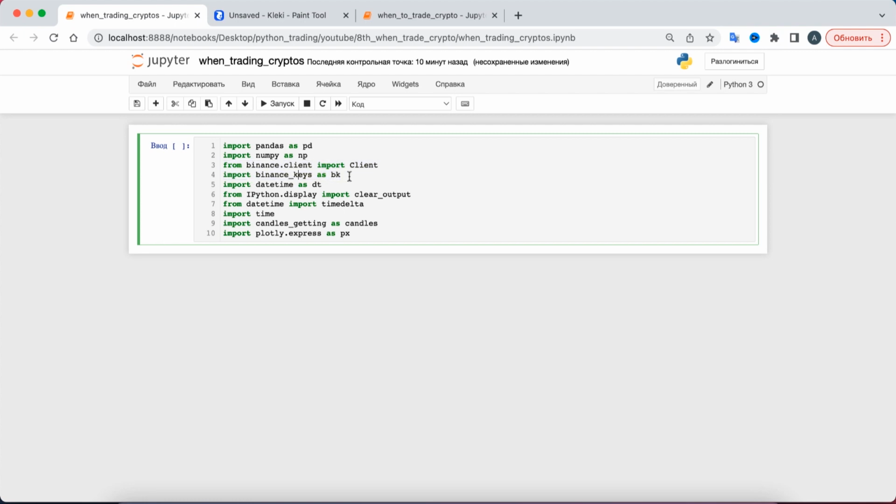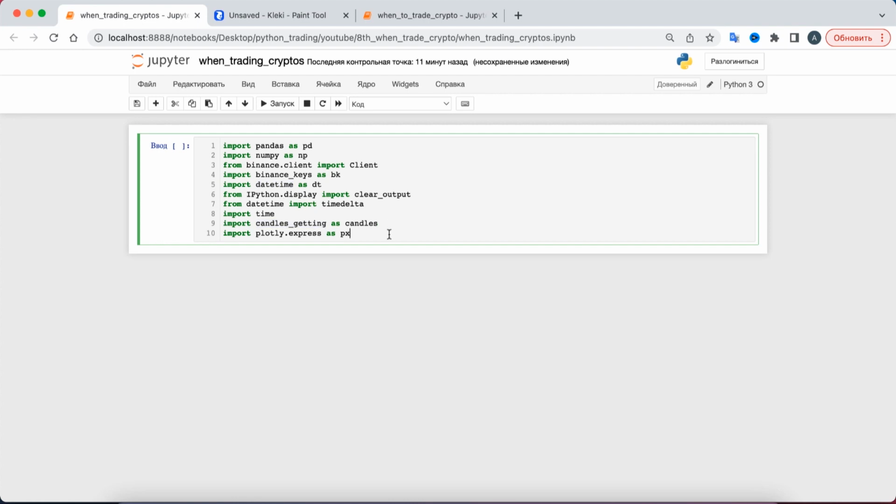This file has my credentials to access my Binance account. The datetime library and IPython display, because we will work with a cycle, and during this cycle we need to clear outputs to have a nice work environment without any trash.